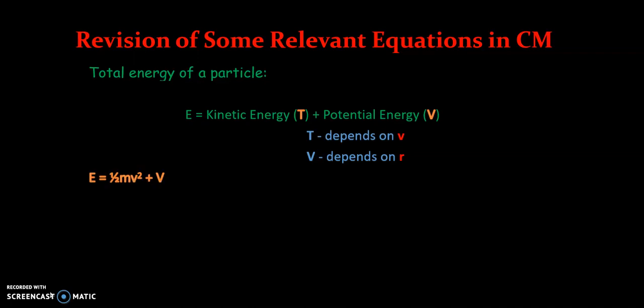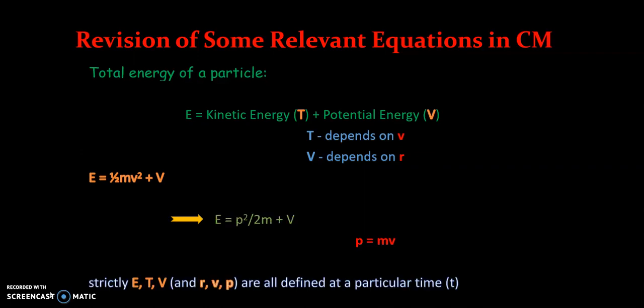We can have another equation of total energy, as the kinetic energy is half mv square plus the potential energy V. As P is equal to mv, we can also write it as E is equal to P square by 2m plus V. That is, if we know the position, we can have the kinetic energy, potential energy and total energy. All can be defined at a particular time.